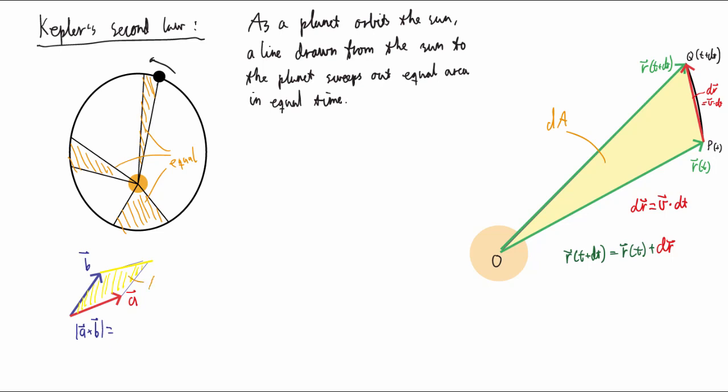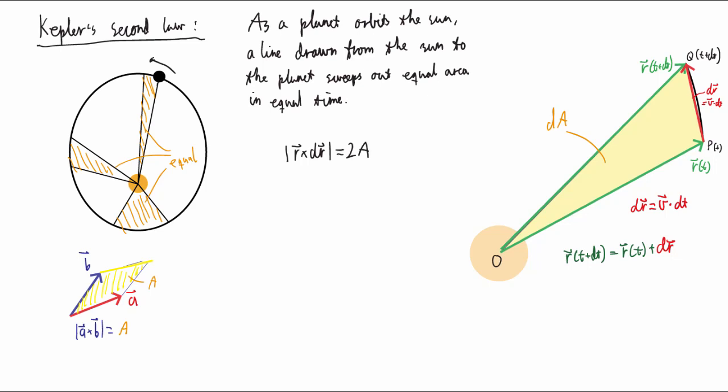So if I call this area A, the magnitude of A cross B is A. This triangle here is just half of the parallelogram spanned by the vector r and the vector dr. Therefore, I can write that the magnitude of r cross dr is going to be 2 dA.